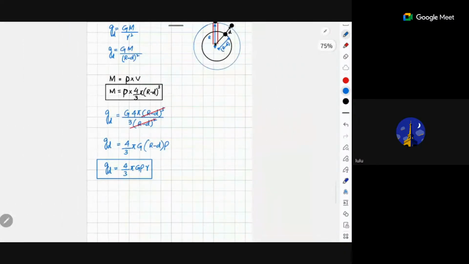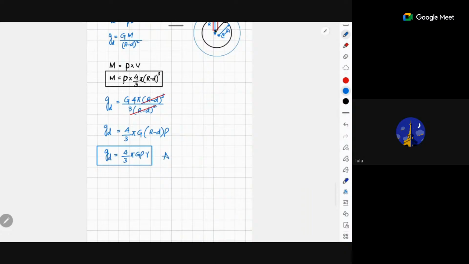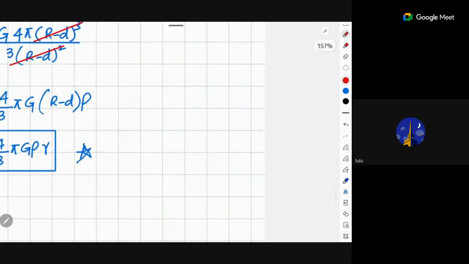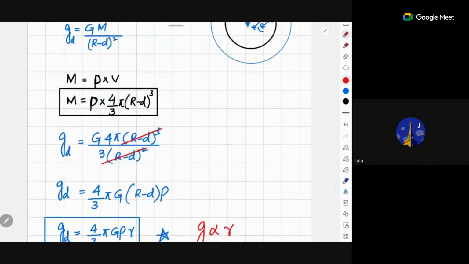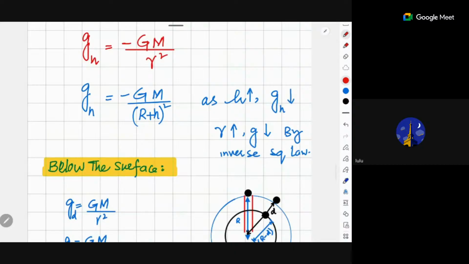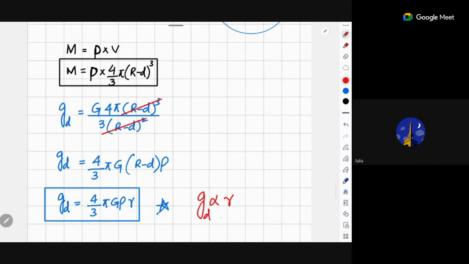I will just rearrange this whole concept: below the surface, the variation of G is directly proportional to small r, and above the surface it is inversely proportional to the square of r. You got this point? This is G at height and this is G at depth.